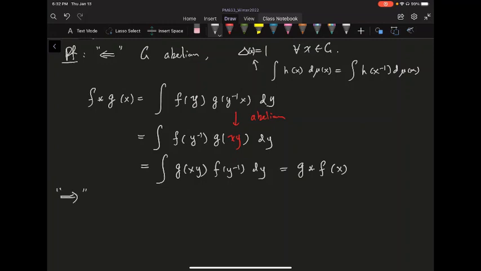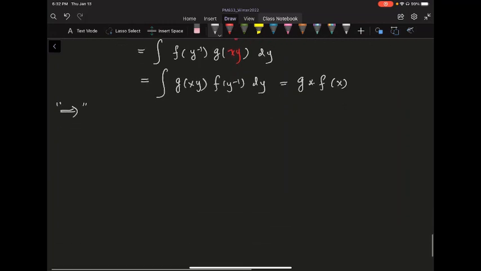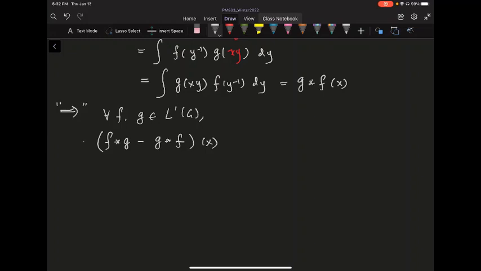The forward direction is slightly more complicated. Suppose I know the L1 of G is abelian. It just means for every two functions f and g inside L1 of G, the convolution of f and g minus g convolved with f, evaluated at any point x, gives 0. That's basically what I mean by abelian.